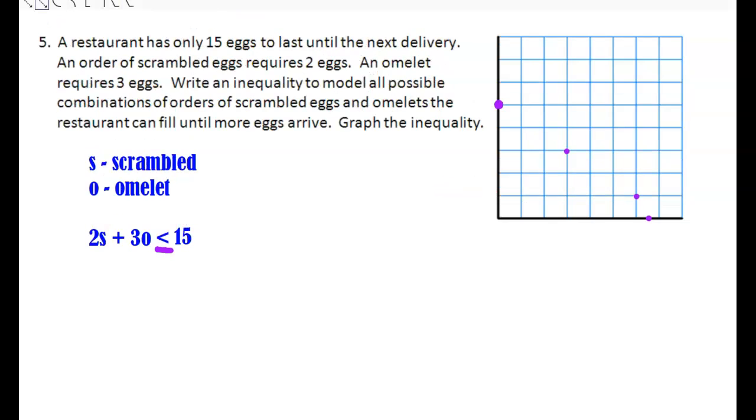And you can serve the omelets or eggs on the line. So we're going to have a closed solution set through here.